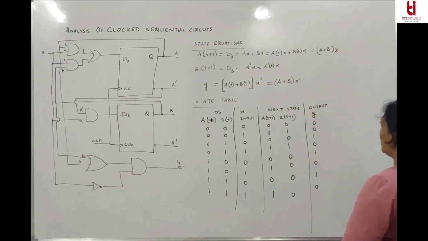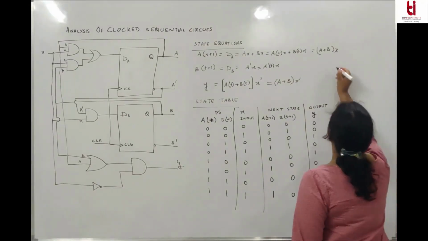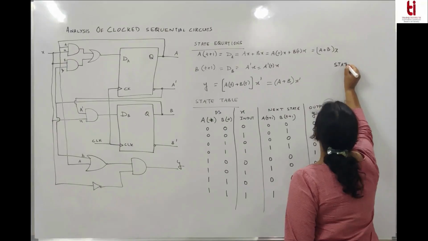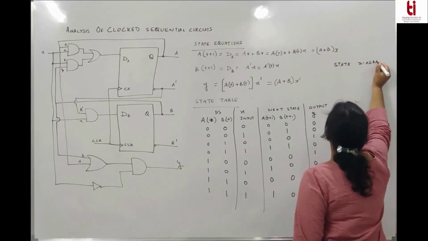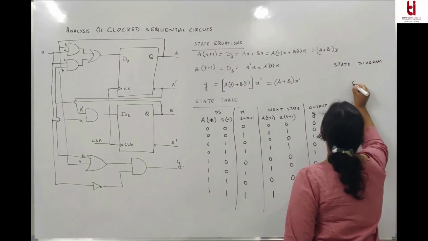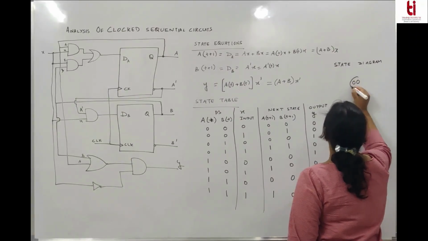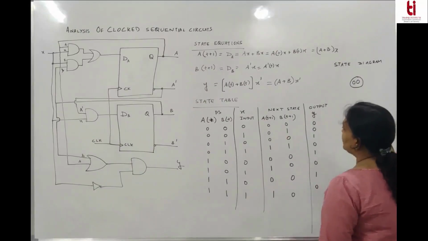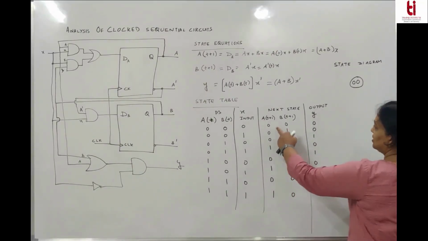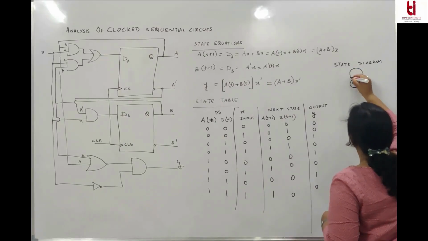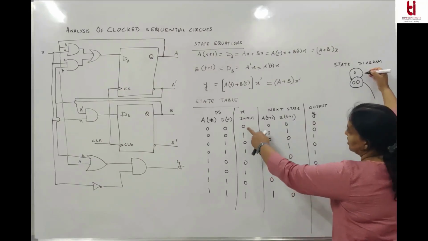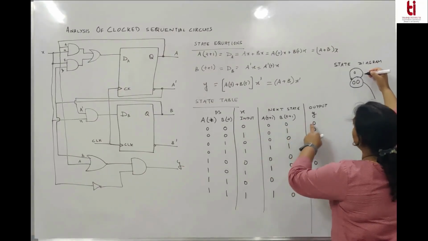Next important thing is how to draw the state diagram. For the state diagram, if you have 0, 0 as the present state and X is 0, the next state is 0, 0. And what is the output Y?